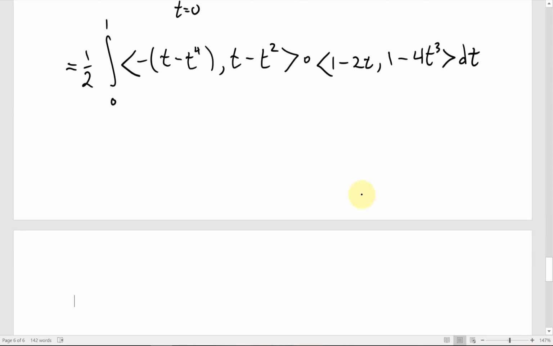Alright, so now we can do the dot product. Maybe one more step just to avoid a mistake: I'll distribute that negative in the first term, and the rest I'll just copy out.